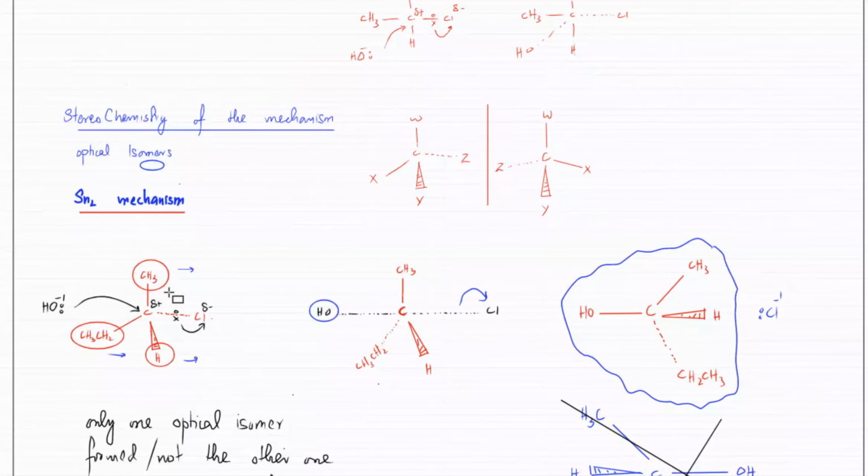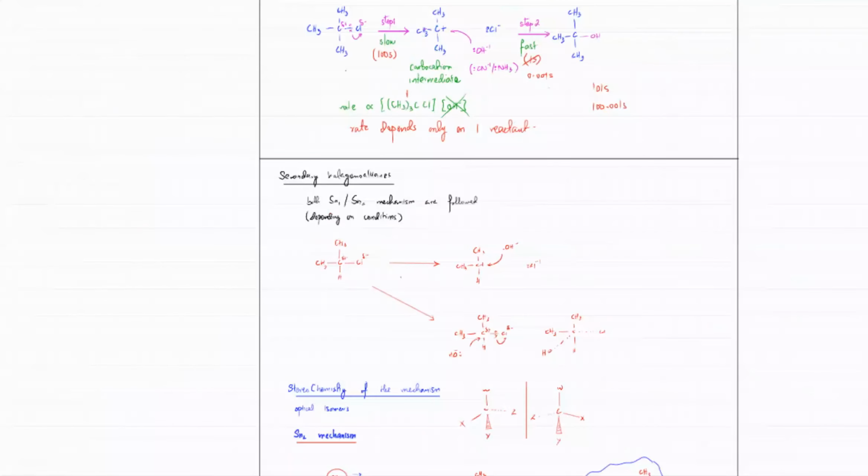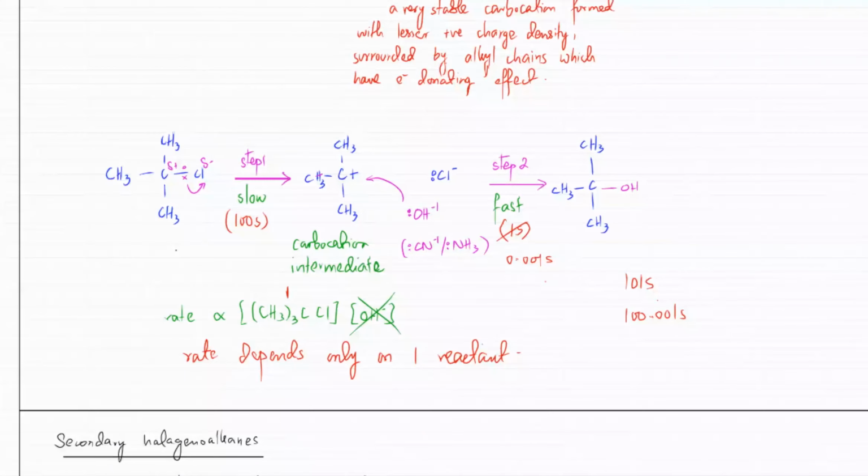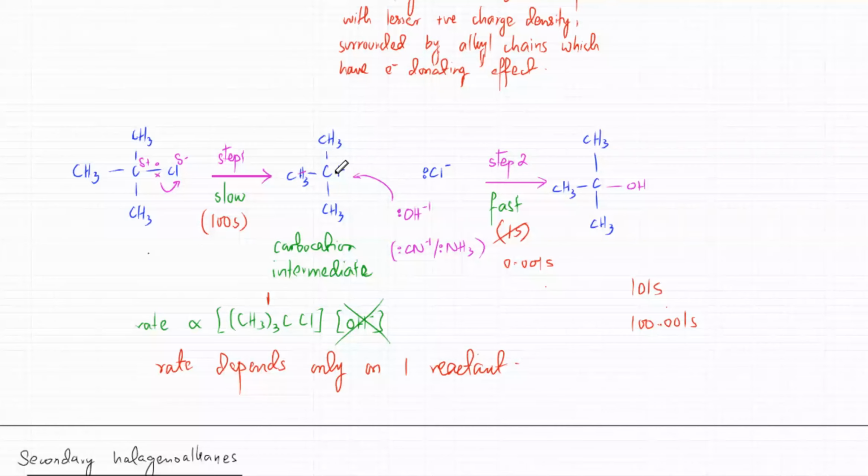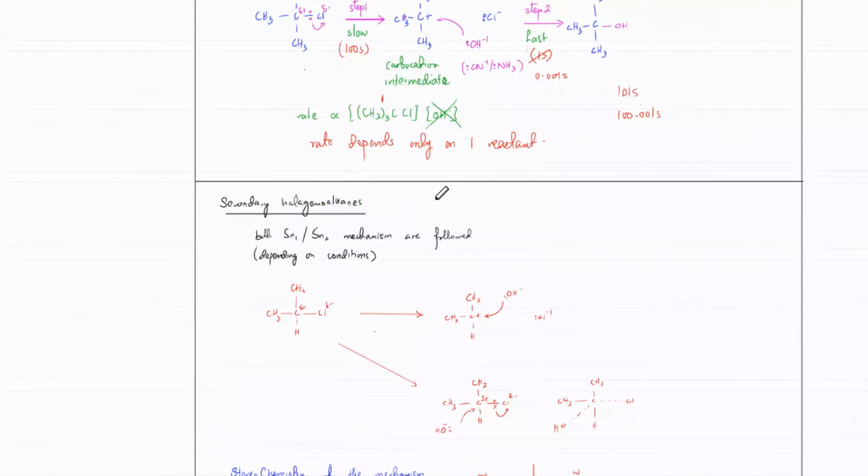They can undergo both types of mechanisms depending on conditions. So when you have the Sn1 mechanism, the carbocation is formed first. I mean, the OH minus one doesn't attack. The OH minus one comes in later, once the carbocation has already formed and the Cl has already left. That's when the OH minus one shows up.